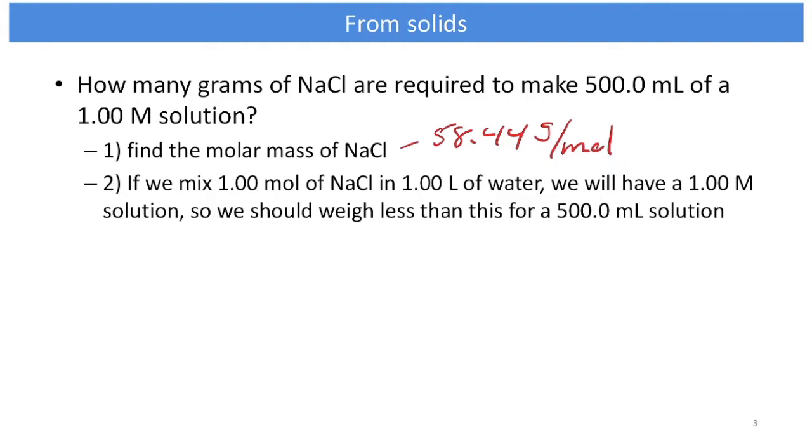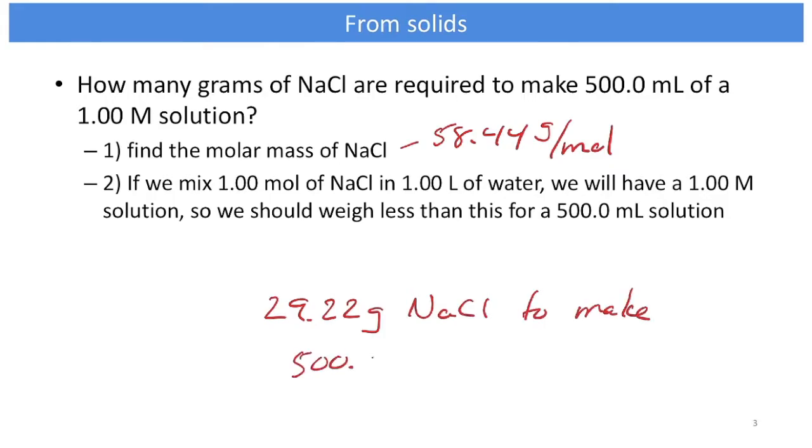But since we're doing it in 500 milliliters, that's half the volume, so you should need half the mass. To make a 1 molar solution in half a liter, 500 milliliters, we would just weigh out half that mass of sodium chloride, so we'd end up with 29.22 grams of sodium chloride to make 500 milliliters of a 1 molar solution.